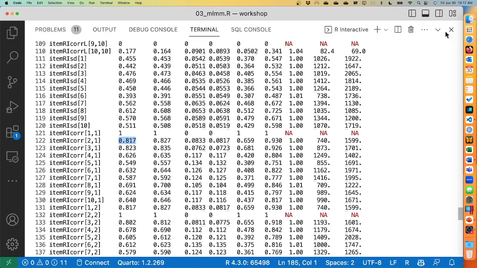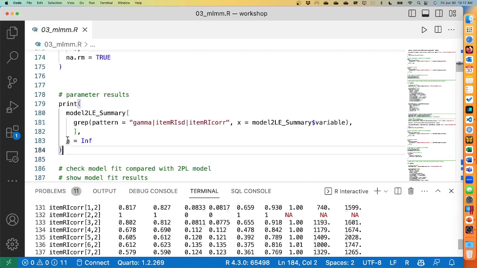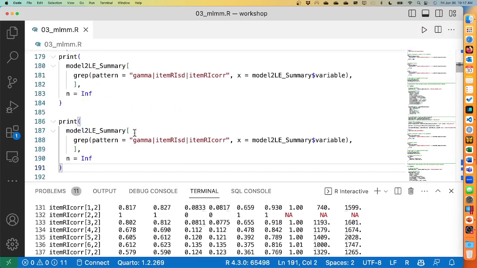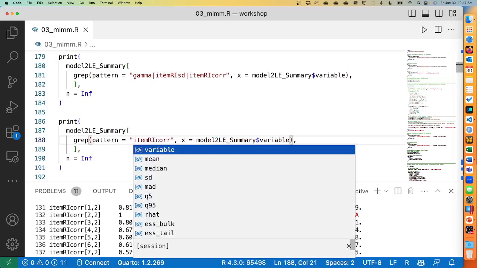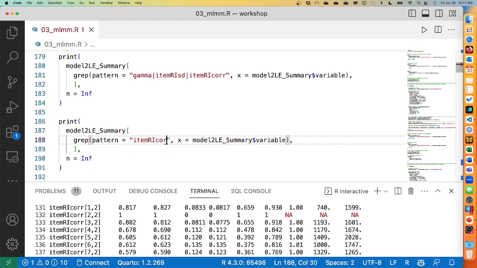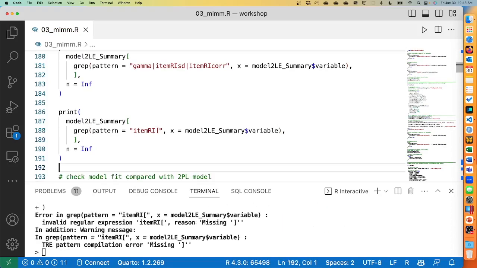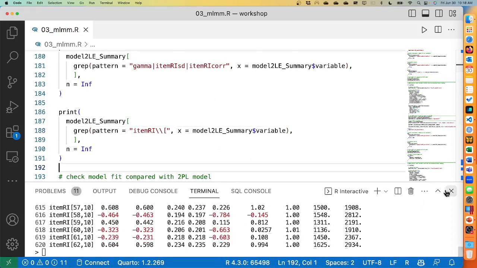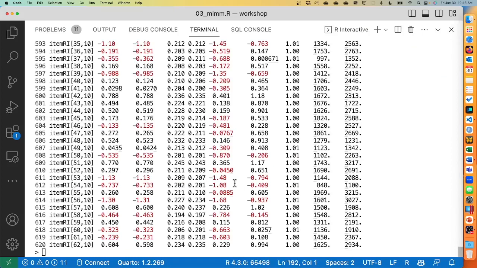I haven't shown those to you, but if you wanted to see what I'm talking about with random intercepts, there we go. These are the actual random intercepts themselves.